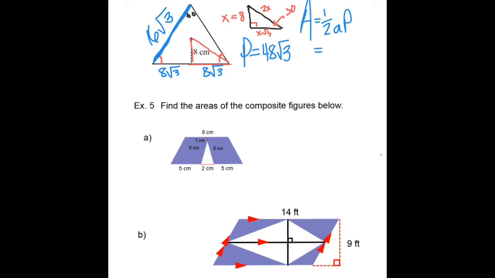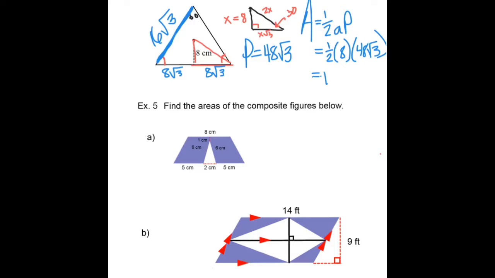So my area is 1/2 times 8 times 48 root 3. So half of 8 is 4. 4 times 48 is 192. So my area equals 192 root 3 centimeters squared.